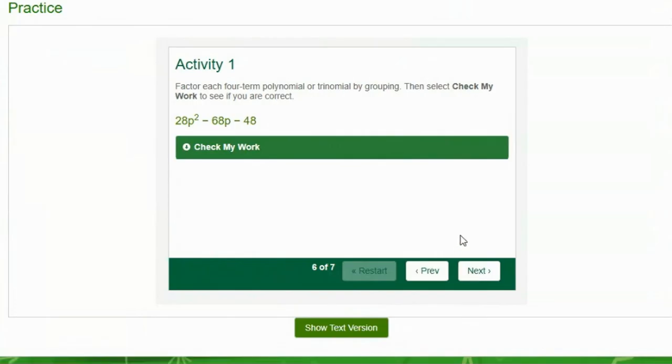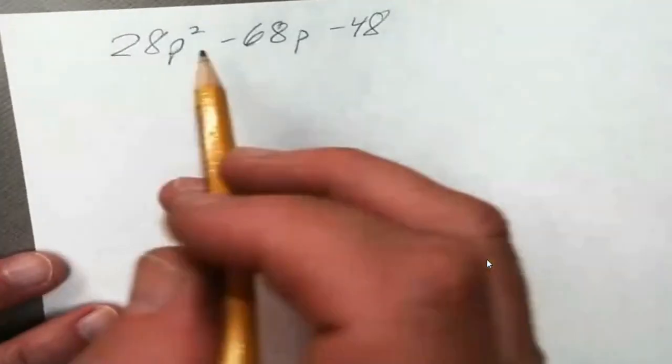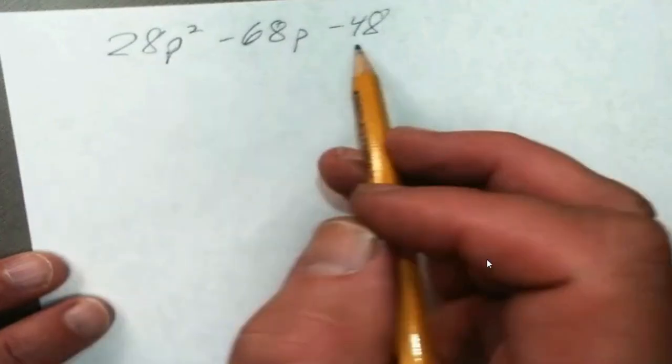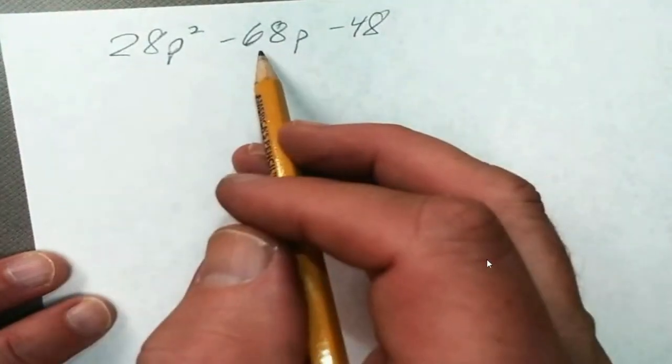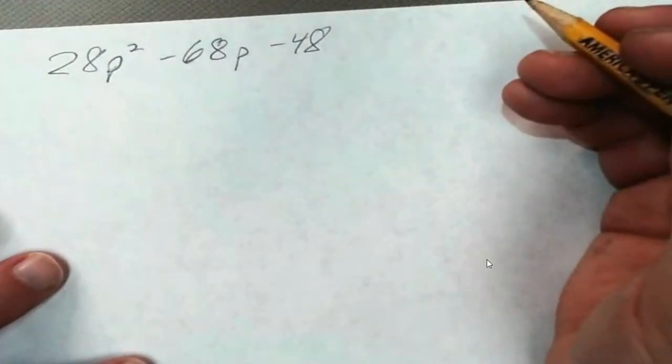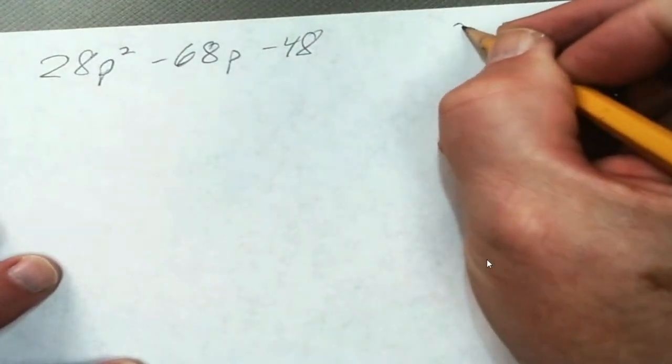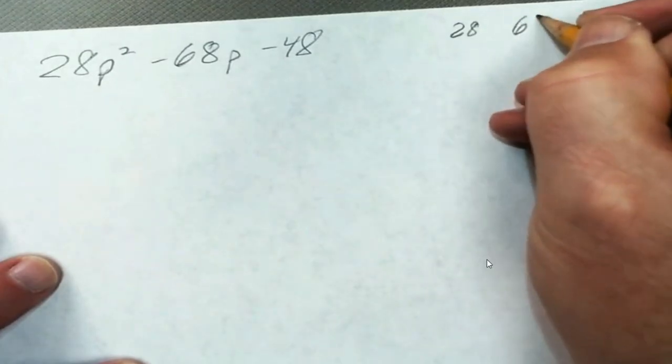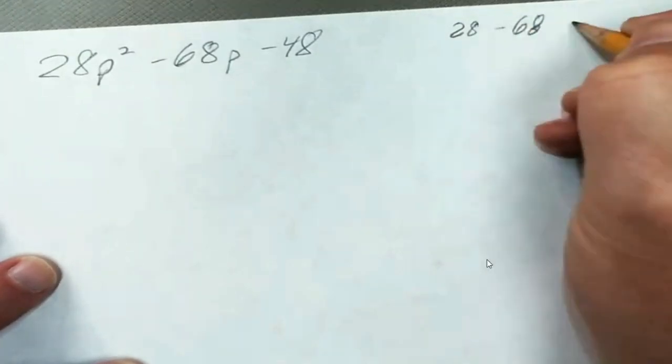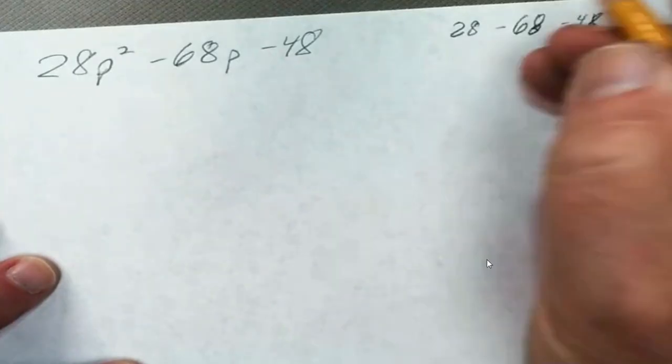Let's do this. So this one, when we look at it right off the bat, something's got to factor out of all these numbers. There's a 28, a 68, and a 48. It's just figuring out what factors out of there. With 28, 68, and I know this is a negative, but still, and 48, we know 2 would factor out.